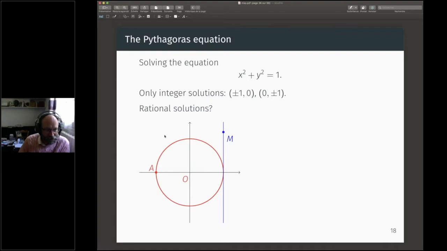So I draw this circle, a red circle, and I draw the line which is just vertical and tangent to the circle at the point opposite to A. Now I take a point M on this line, and I draw the line AM, and this line will cross the circle in a second point. It crosses at the point A, but it also crosses at a second point.